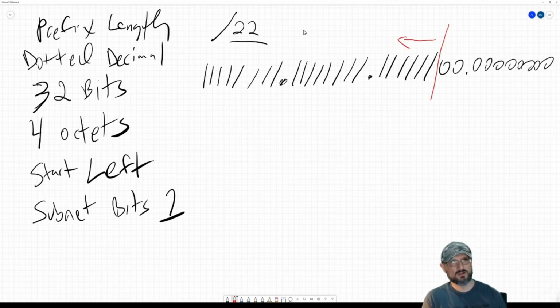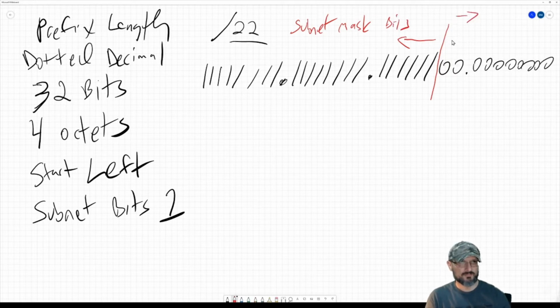Those are called mask bits, subnet bits, whatever. And to the right are the host bits. That's where the actual individual IP addresses are going to come out of the network.